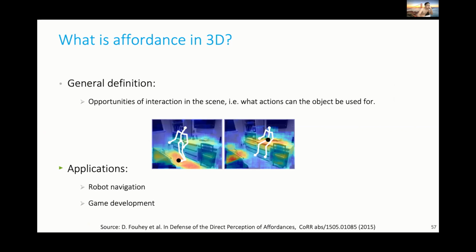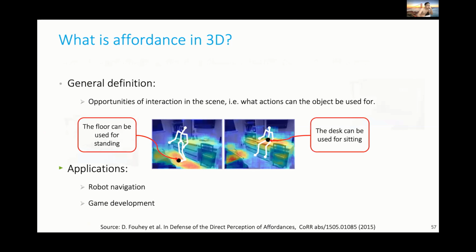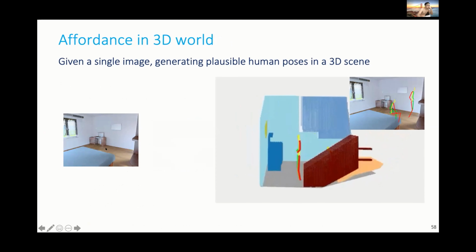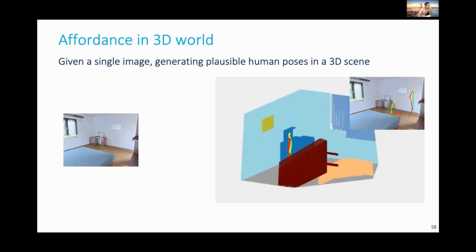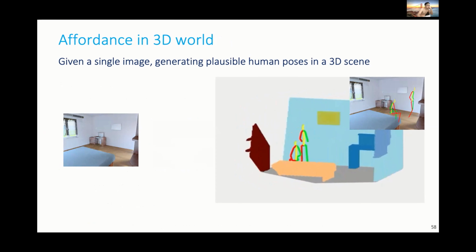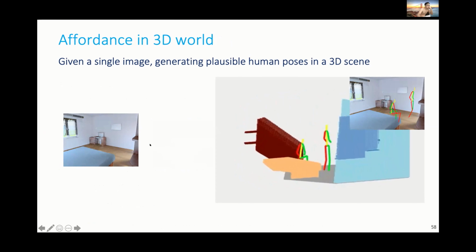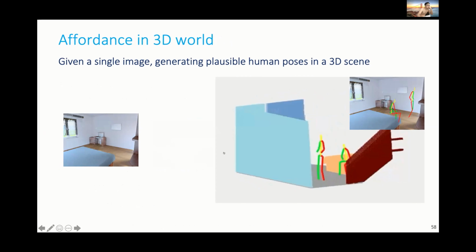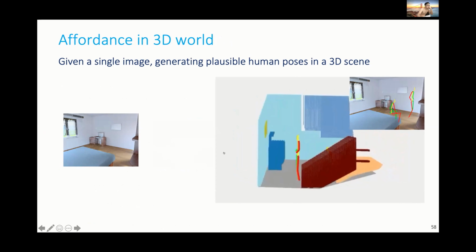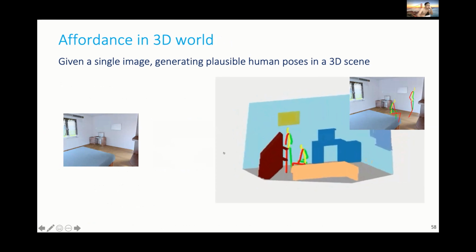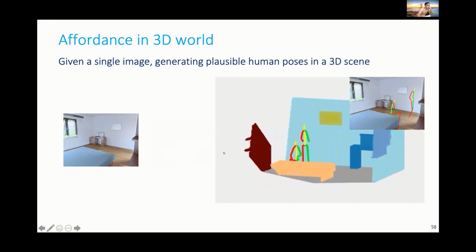The main thing is that given one 2D image, we want to insert a human into this scene so that the result looks realistic. For example, we can insert a human standing or sitting. For sitting, we want to generate humans that can sit on a sofa or sit on a bed.